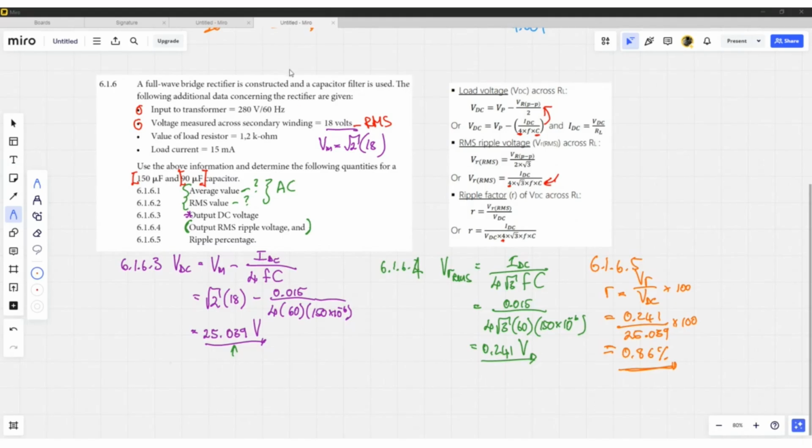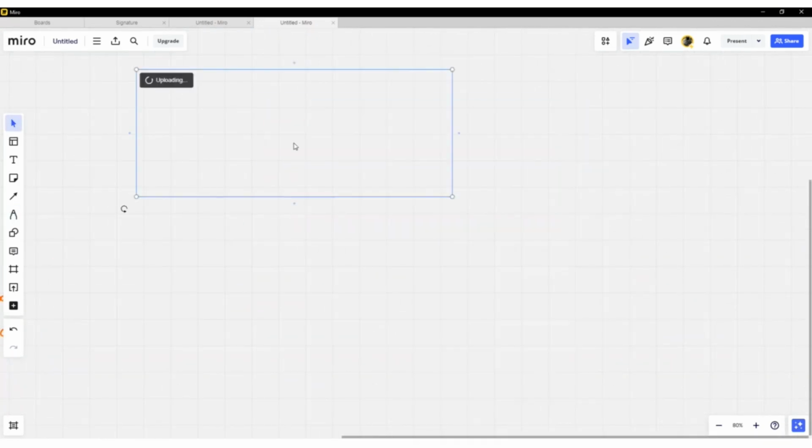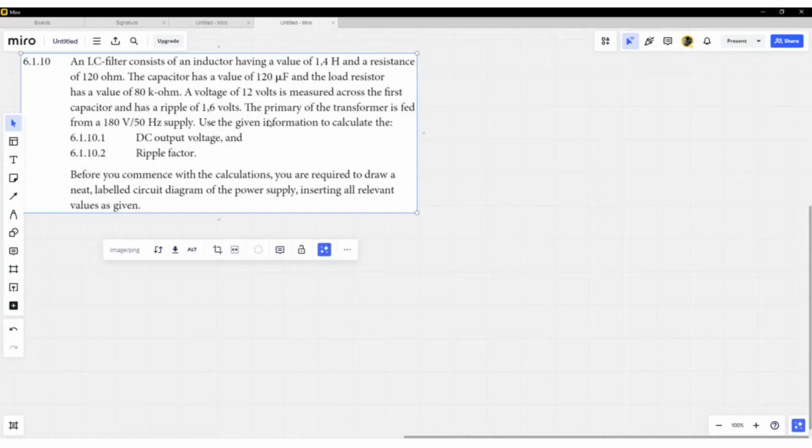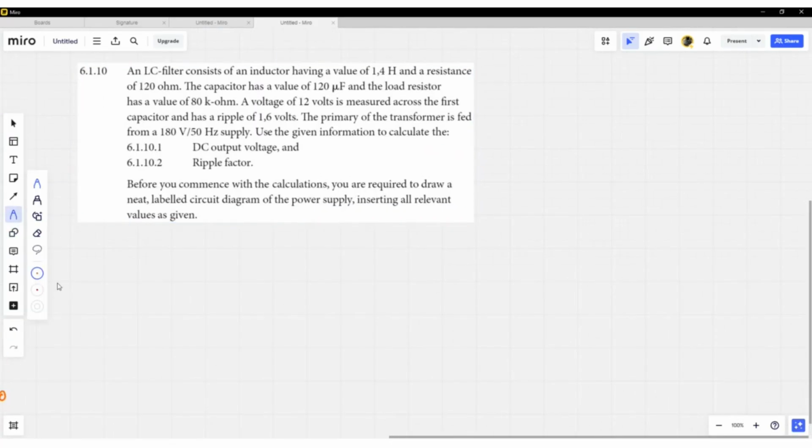In fact, let me copy the whole question because they ask here to draw the circuit that you're going to use. So they are letting you choose what to do here. What I would say would be a good exercise is if you guys go and do the other circuit on your own, the one that we don't do here. So I'm going to do half wave rectification here, and you guys can go and see what happens with full wave rectification.